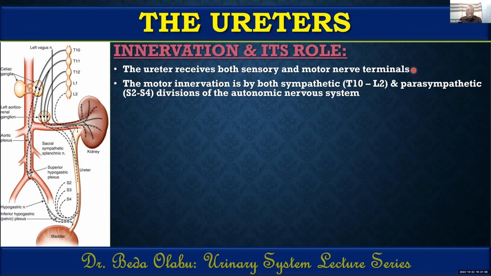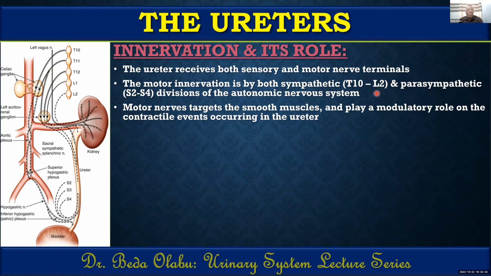The sympathetic terminals come from T10 to T12, so largely within the lesser and the least splanchnic nerves, as well as within the lumbar nerves. The parasympathetic nerves largely come from the middle three sacral segments, which go to the ureter.